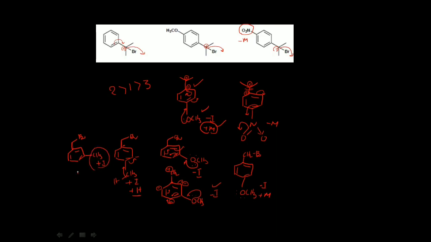When compared with this carbocation, the other is least stable. So for these four compounds, the fourth one is the most reactive because the plus M effect is dominating, next the second compound, then the first compound, and the third is least reactive because OCH3 at the meta position has a minus I effect, which destabilizes the carbocation. That's why it is a less reactive compound. Okay, that's it.